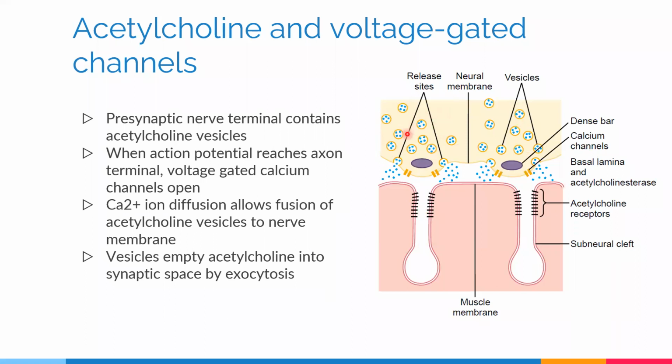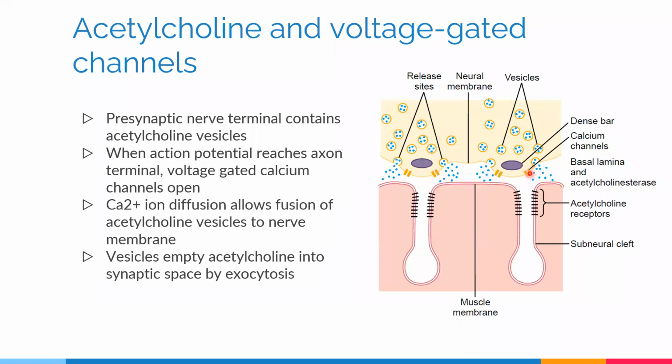So the presynaptic nerve terminal also has an action potential traveling through it, and when it reaches the axon terminal, it allows voltage gated calcium channels to open, which are shown right here.